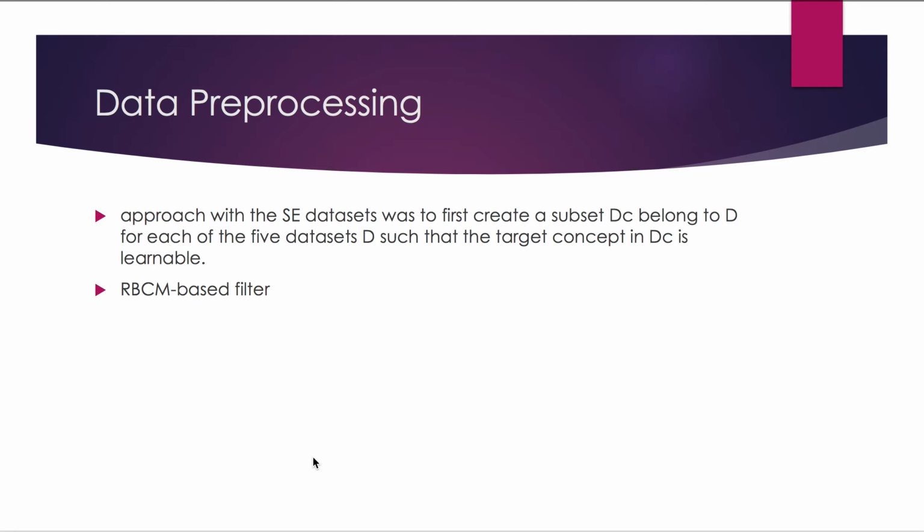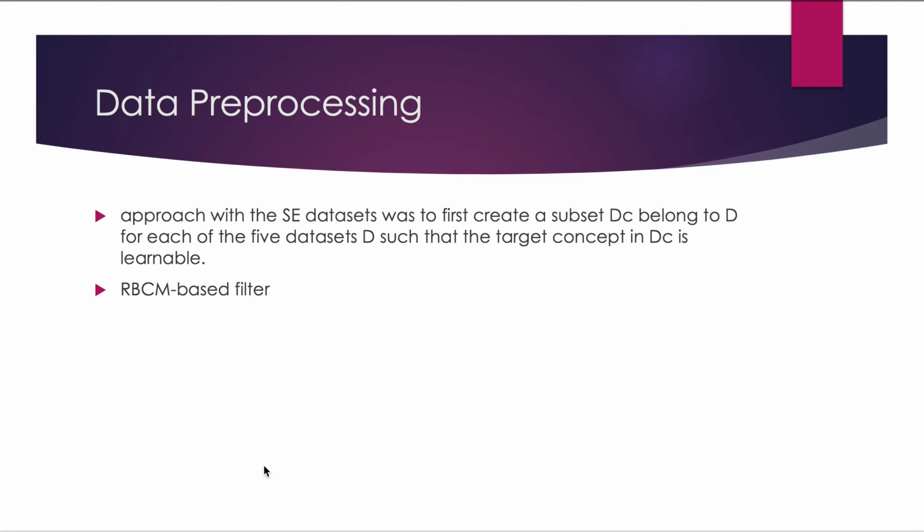The SE datasets, which are the first 5 datasets used in our study, have a percentage of minority examples ranging from 6.43% to 19.78%, and are therefore imbalanced with respect to the class.